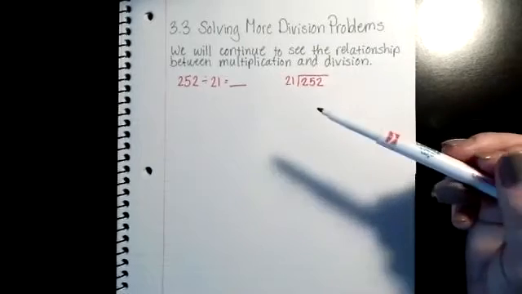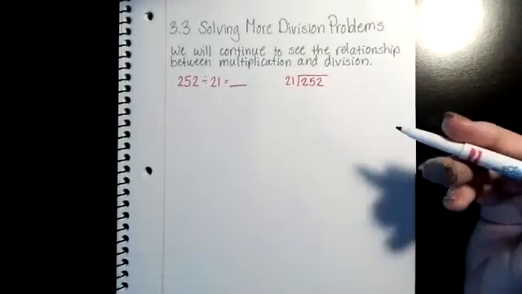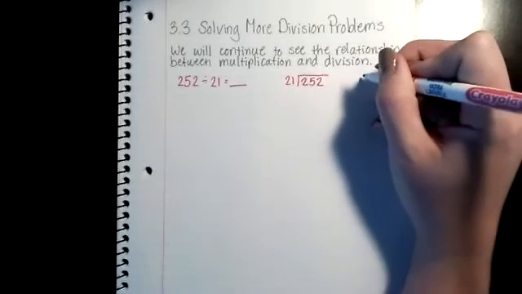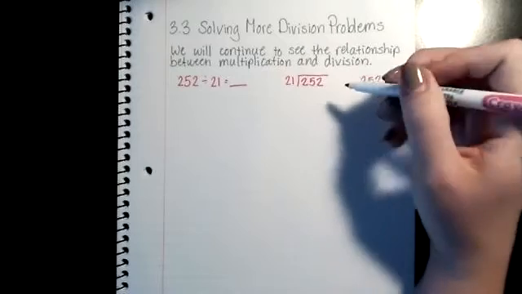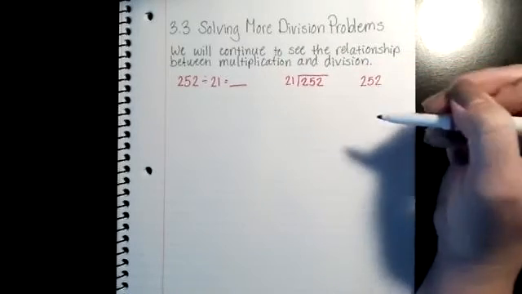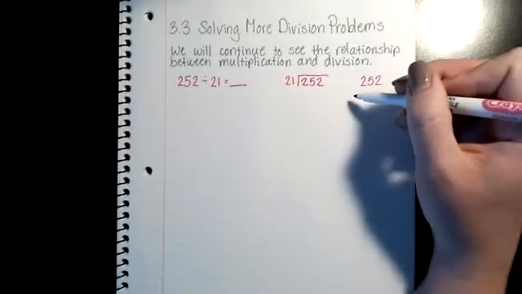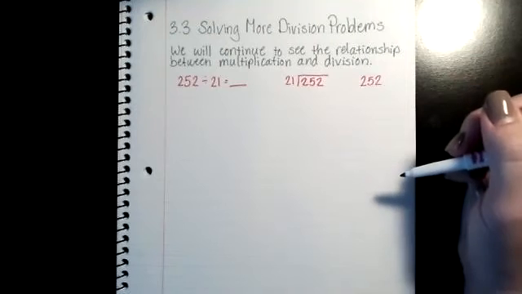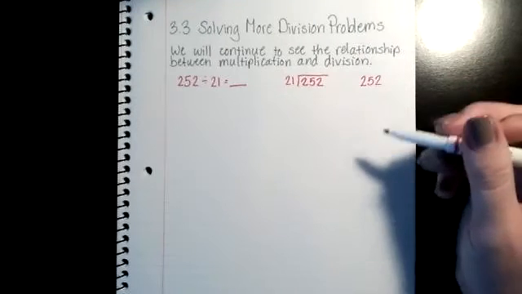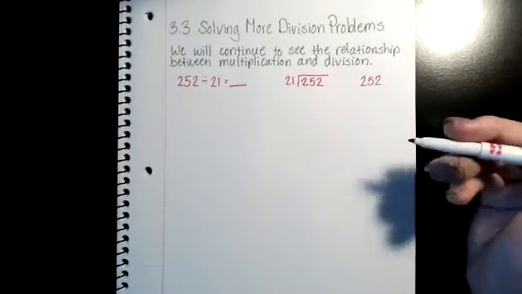All right, so when I have this problem, one of the options that we had talked about earlier this week was I can take 252 and subtract 21 repeatedly, because remember, division is repeated subtraction. So I can subtract 21 over and over again until I get down to 0, or whatever is closest to 0, and however many times I subtracted could be my answer.